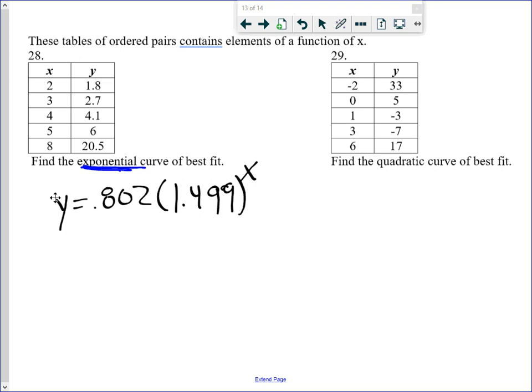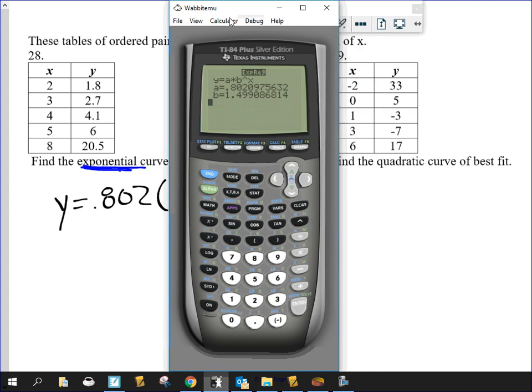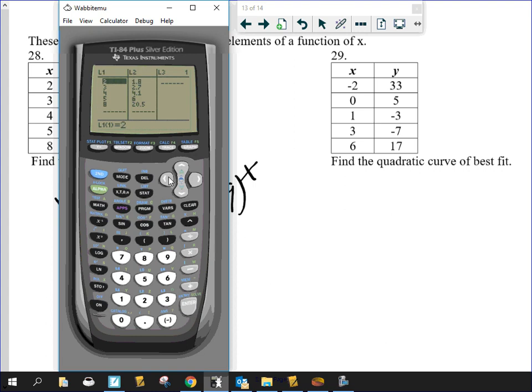It's the same process over again for the quadratic. Stat, edit. You don't have to clear, you can just type over.